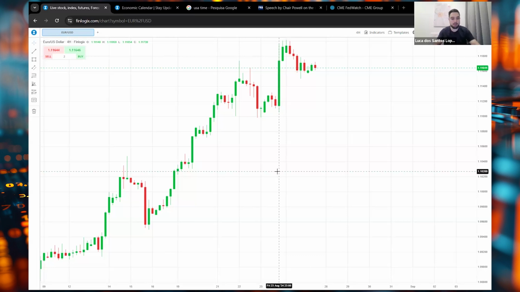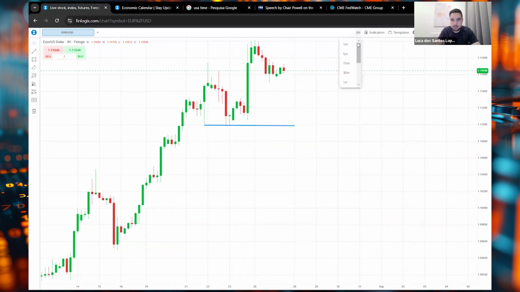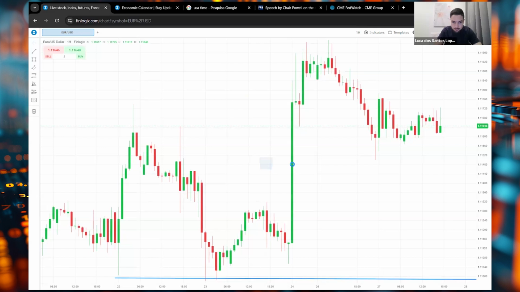I'm expecting a pullback on Euro dollar. I was expecting a pullback already more in depth, but it didn't happen. So it didn't break this low here, but what I'm expecting is a pullback. Let me show you where. Let me zoom this out.